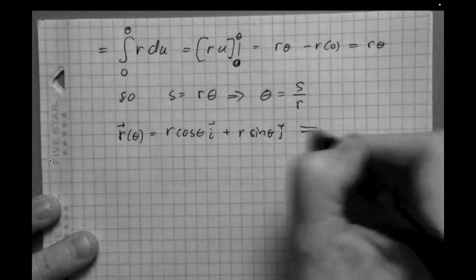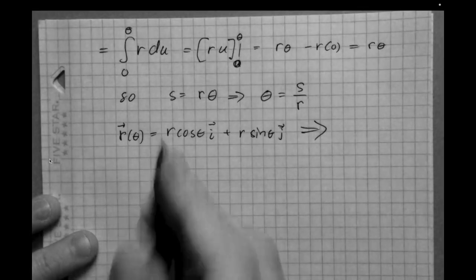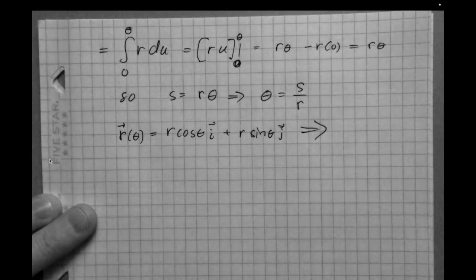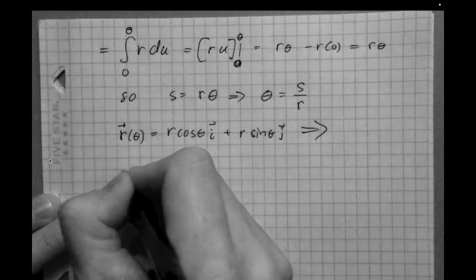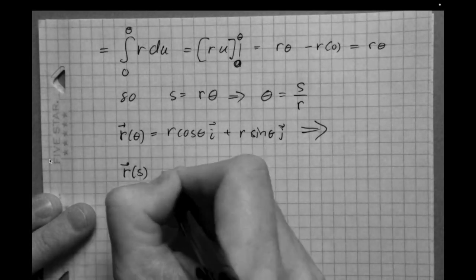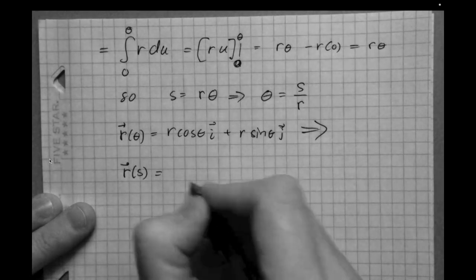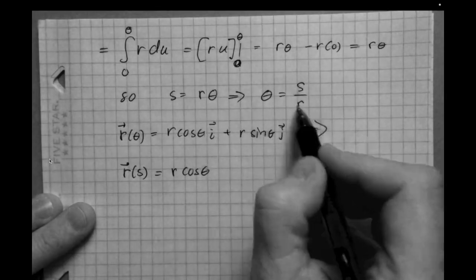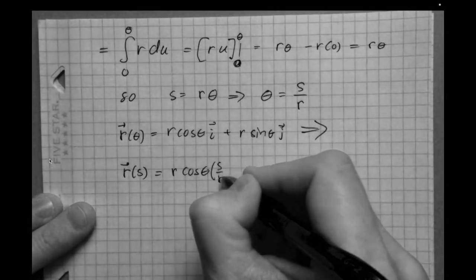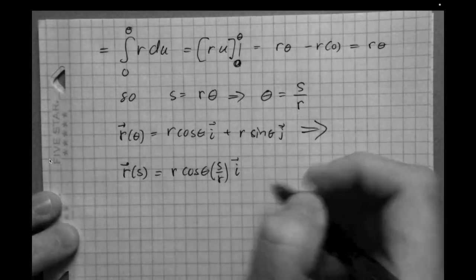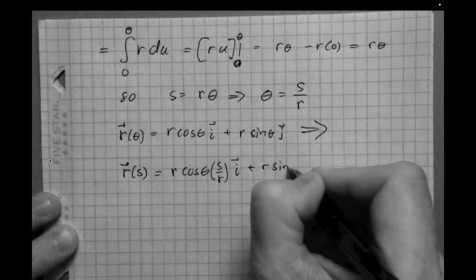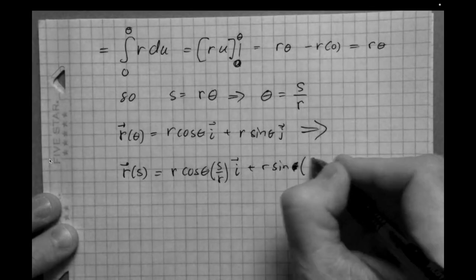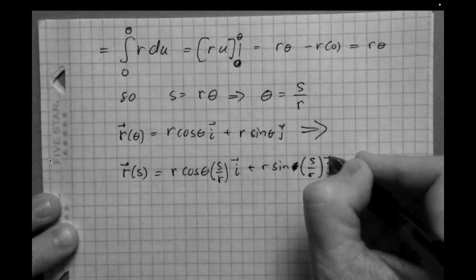What we can do is reparameterize this using the arc length, so instead r as a function of s would be equal to r cos of, and now instead of theta we put in s over r, times i plus r sine of s over r times j.